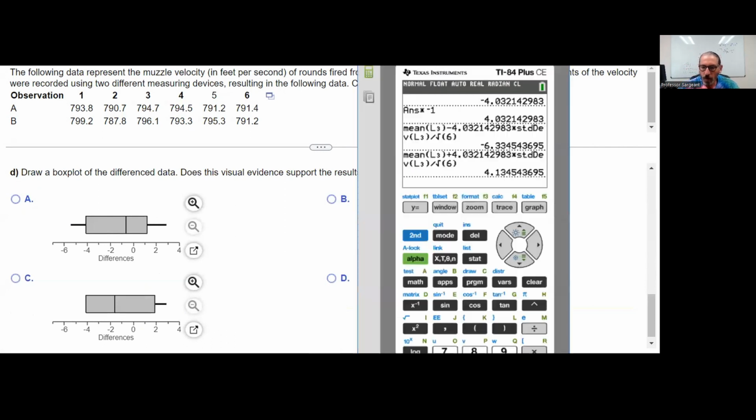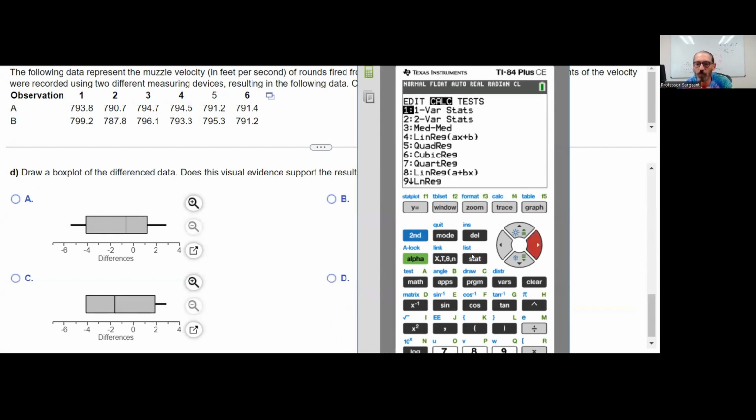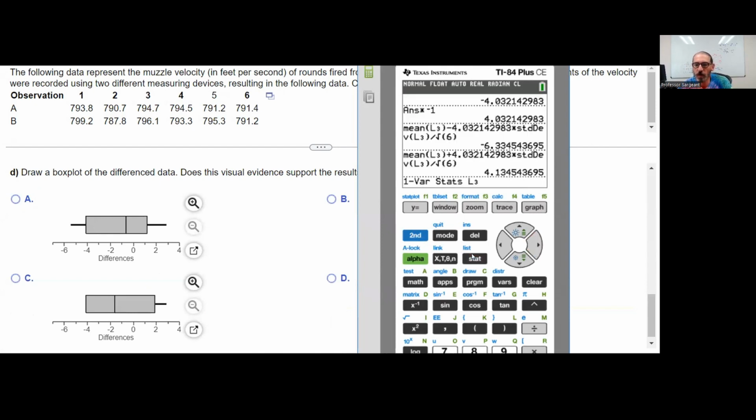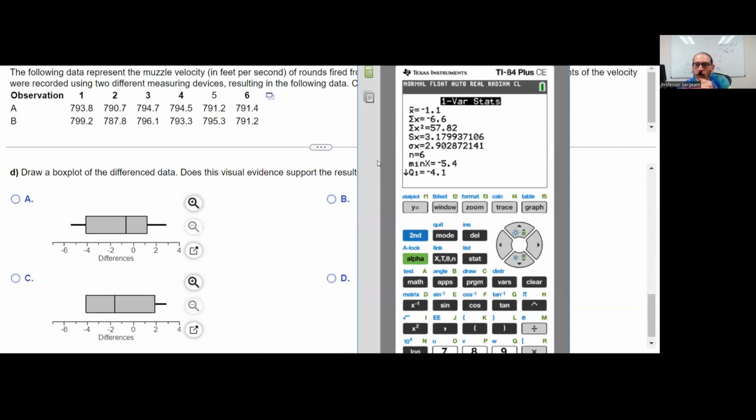And I will get my one variable statistics for list 3 again. Negative 1.1, nope, negative 5.4 is the minimum, and that leaves C out.